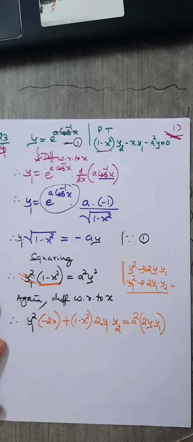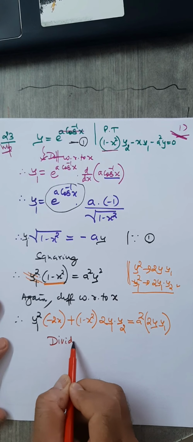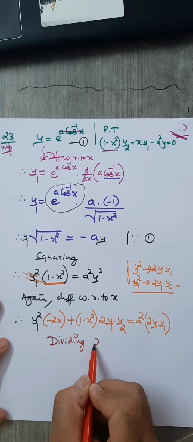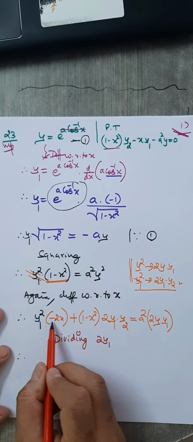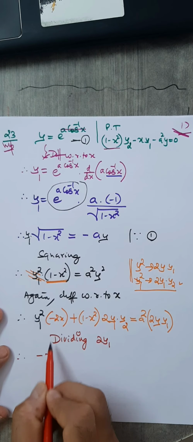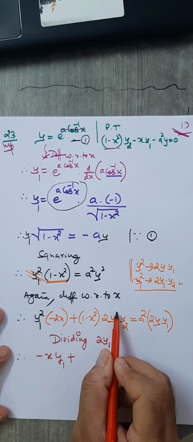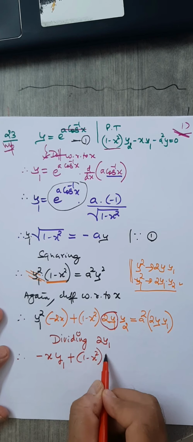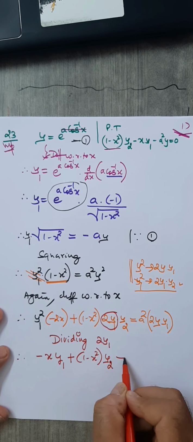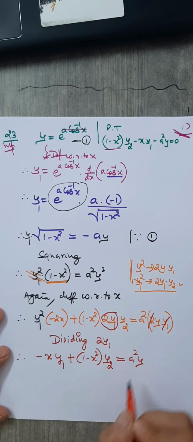Now differentiation is over. You notice that there is something common, that is dividing by 2y1. So here minus x, 2 will go away, y1, plus you are dividing by this portion. So 1 minus x squared into y2. 2y1 will go away, so you are left with a square y.